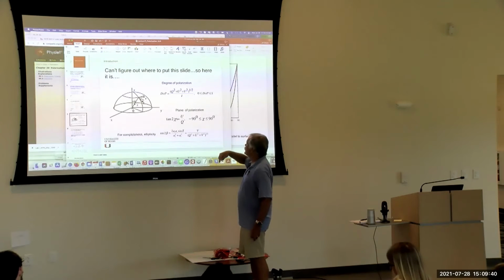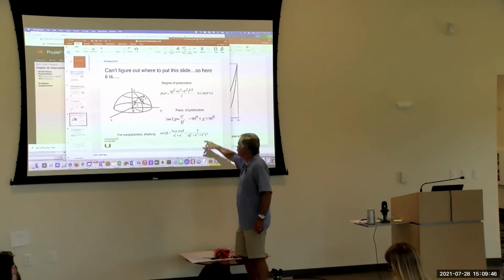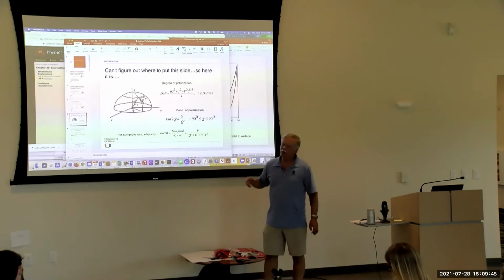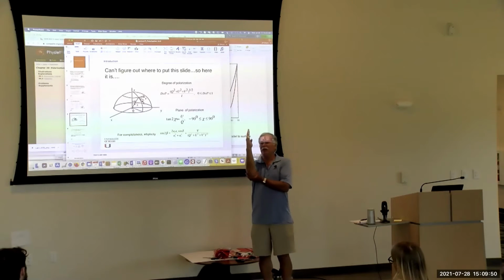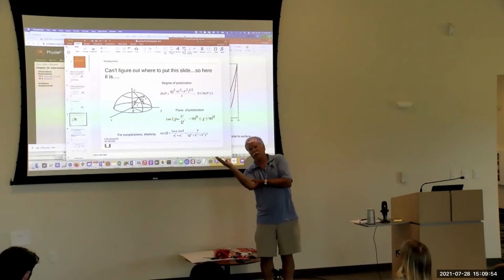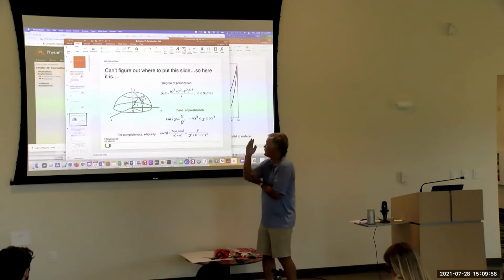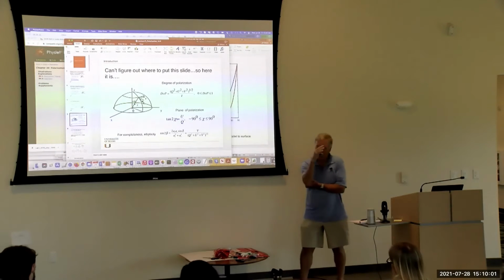It ranges from 0 for totally unpolarized light to 1 if it is fully polarized. And the plane of polarization, U over Q, tells you, if you have a linearly polarized component, what angle that plane is at. So those are two factors that I'll talk about for a little bit.